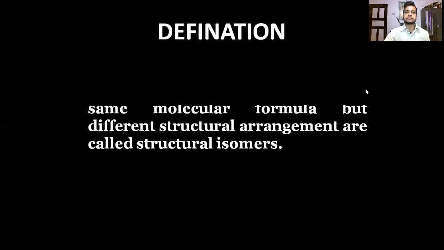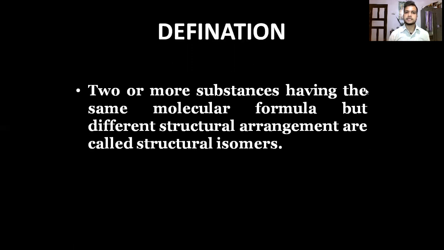So, the definition. Two or more substances, molecules or compounds, having the same molecular formula. Their molecular formula or composition is exactly the same. They have the same type of atoms, same type of groups, and same number of groups or atoms, but different structural arrangement.